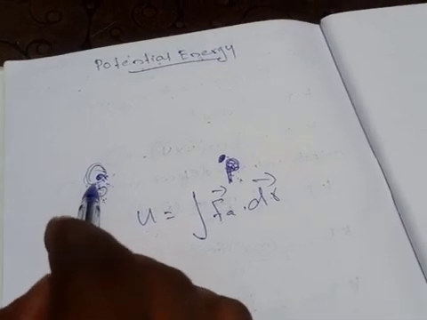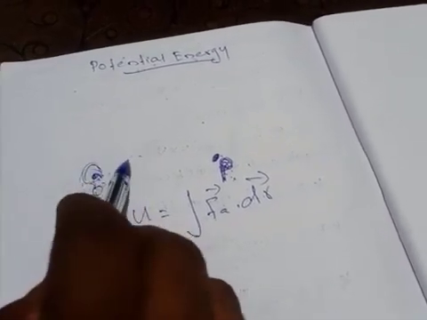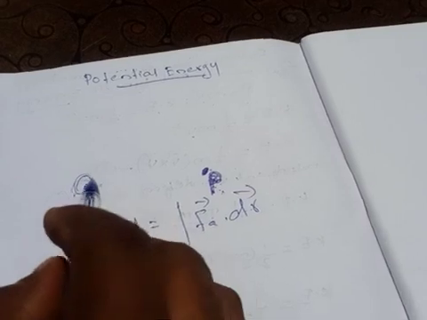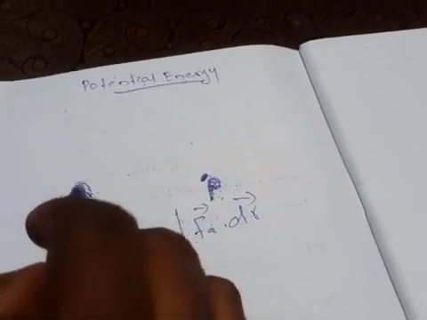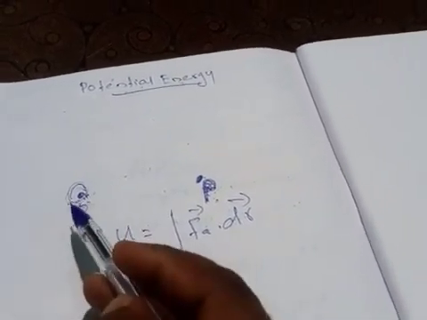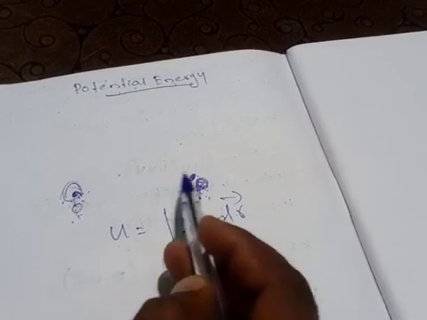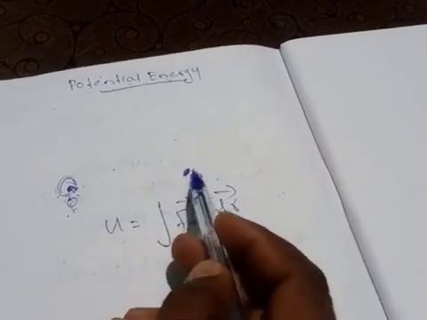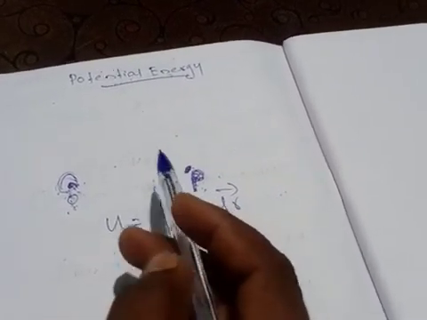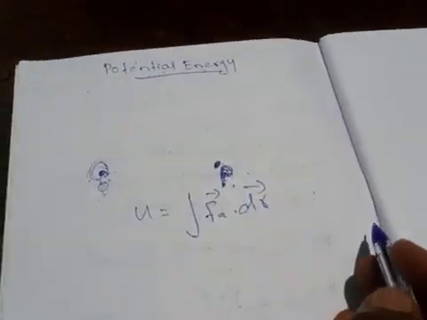When we apply this external force, some work is done. That work done is the reason why the object moves from this point to this point with a constant velocity. And this is what we call potential energy.